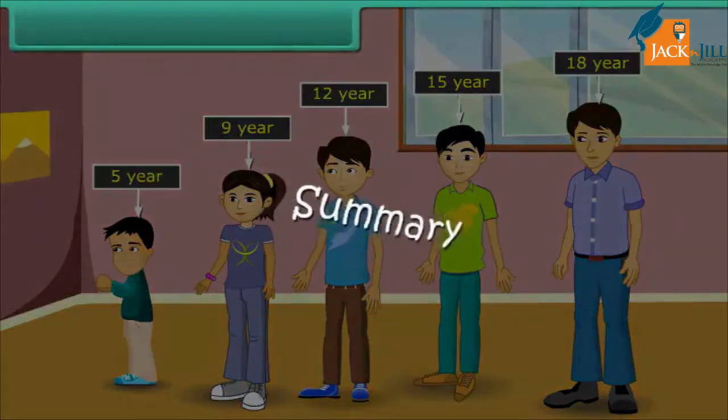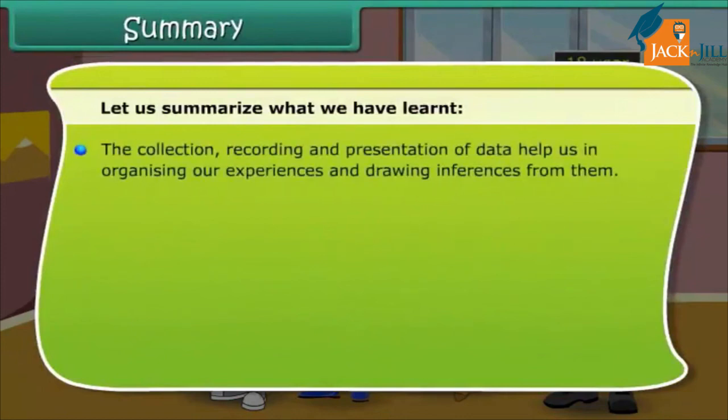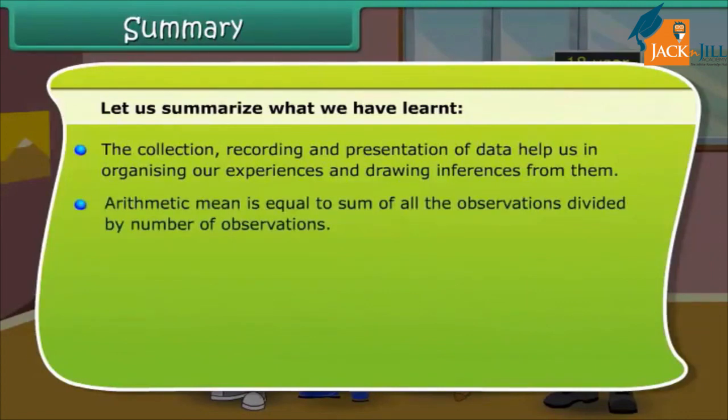Summary. Let us summarize what we have learned. The collection, recording, and presentation of data help us in organizing our experiences and drawing inferences from them. Arithmetic mean is equal to the sum of all the observations divided by number of observations.